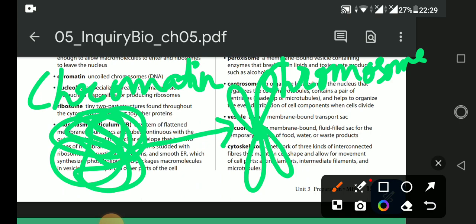So chromatin is an uncoiled thread-like structure, and the chromosome is the coiled and compact structure. So the main difference between chromatin and chromosome lies in the structure.